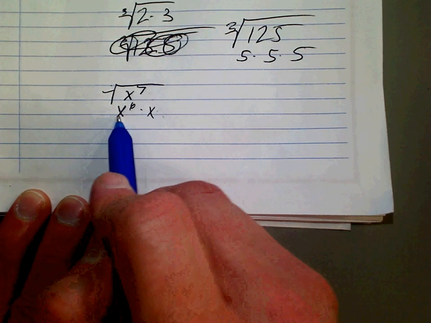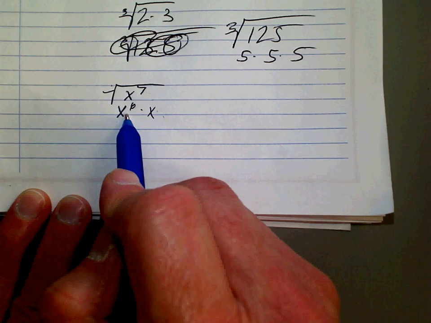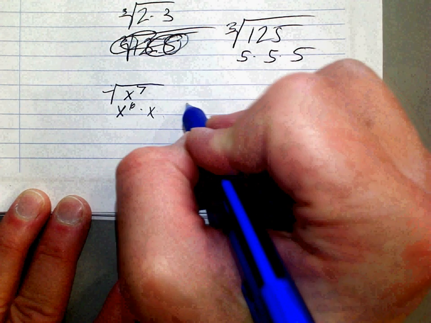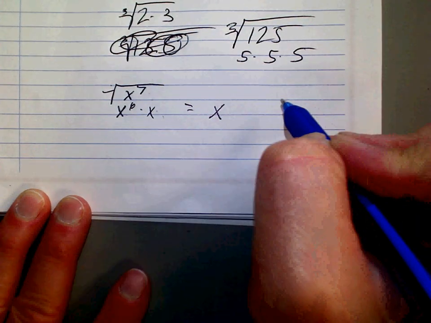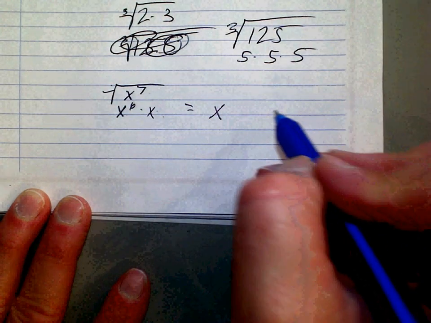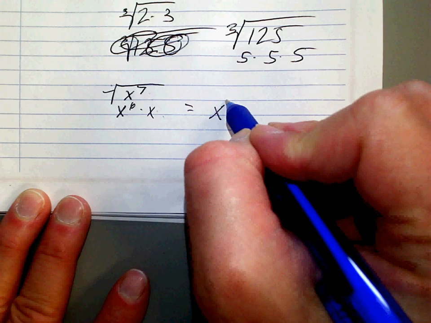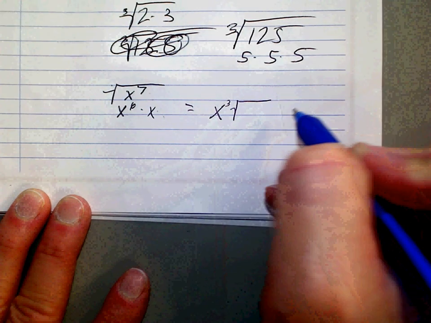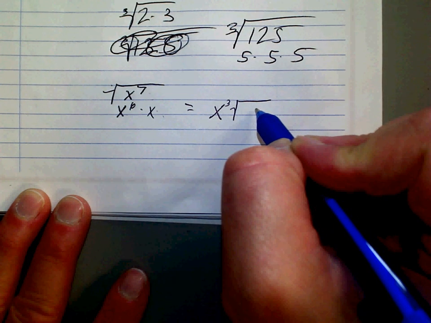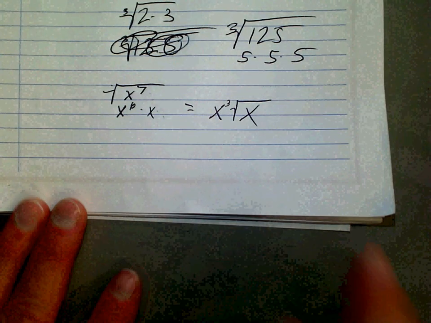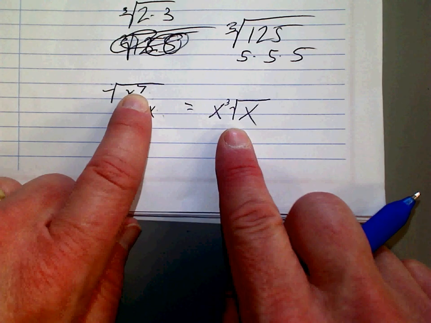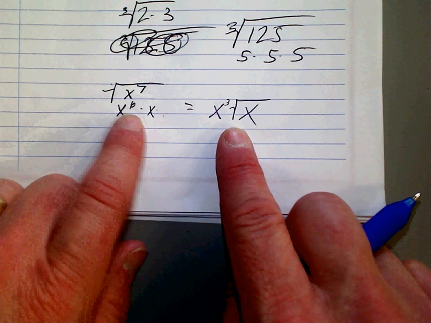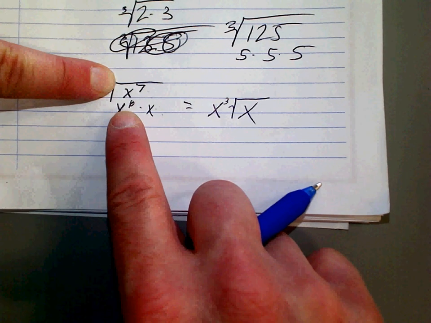So that could be rewritten as x to the, what's the square root of x to the 6th? 3 square roots of, what stays in the radical? X. So sometimes you have an exponent, a repeated factor, that you can't divide, so you have to break it down inside there to where you can pull some out.